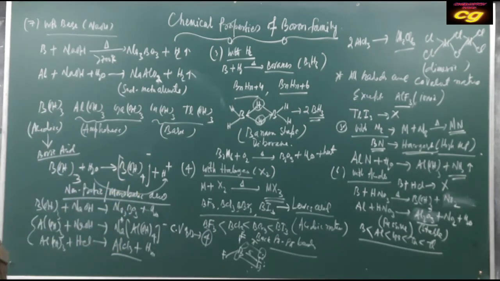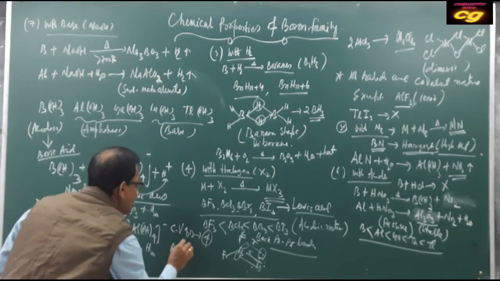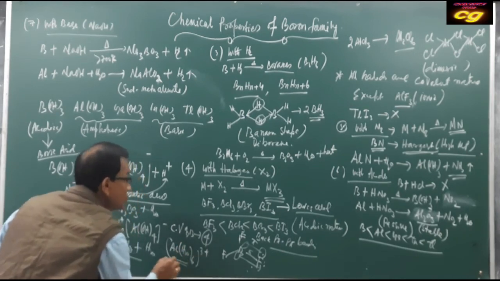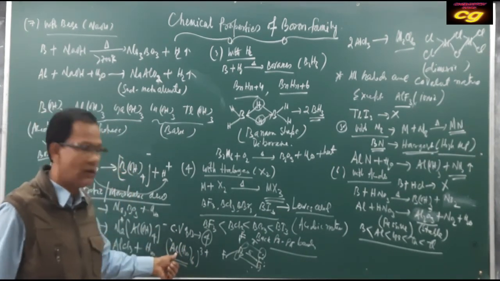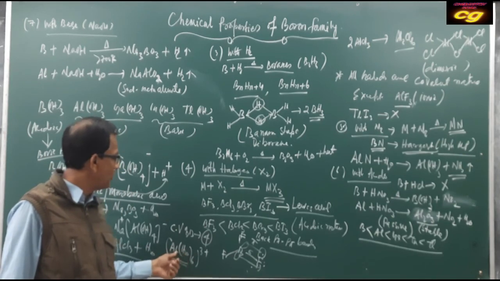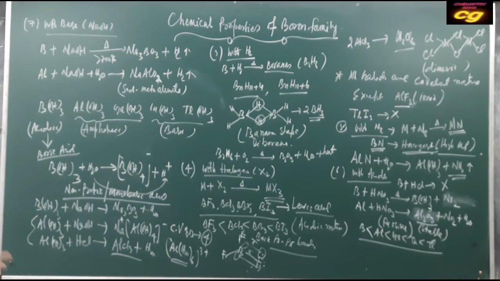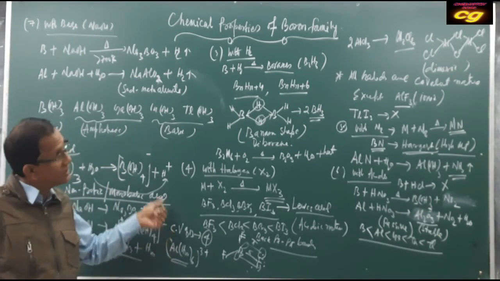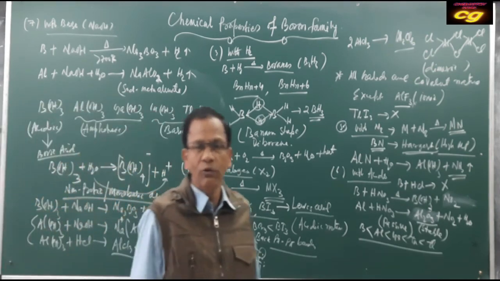But aluminium shows more than 4: [Al(H2O)6] is also produced, so aluminium has covalency 6. So aluminium can show higher covalency, but boron shows only covalency 4. These are very important properties of the boron family. So you practice. Any doubt you have, you can ask me. Okay? Thank you all.